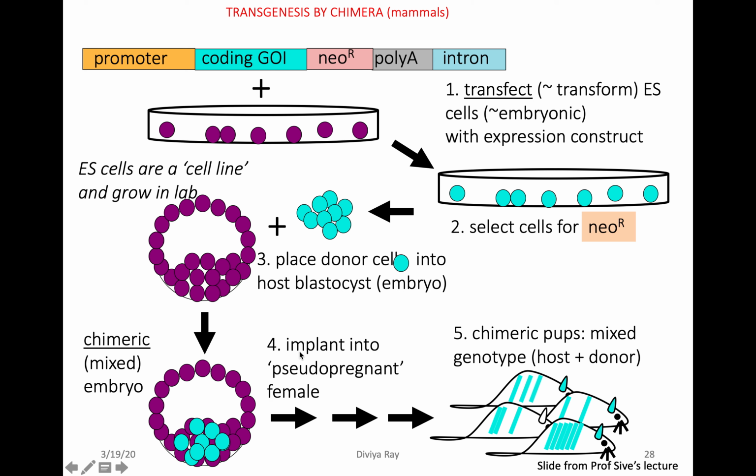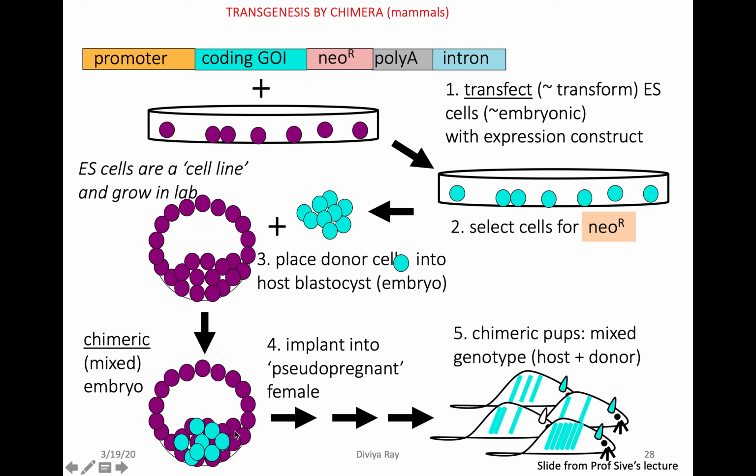Another example is transgenesis by chimera. Here you take an early embryo. Let's say this is the recipient embryo. You take cells from a donor embryo as well. You implant these cells into the recipient embryo.